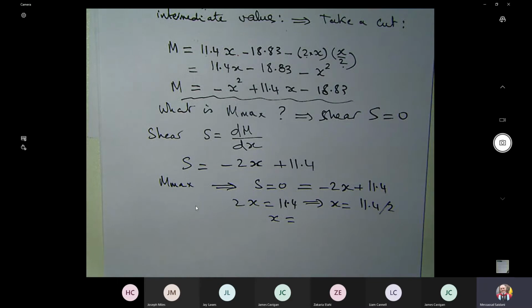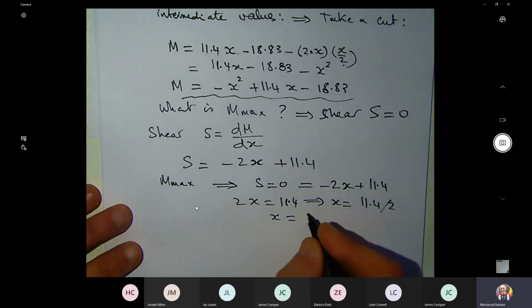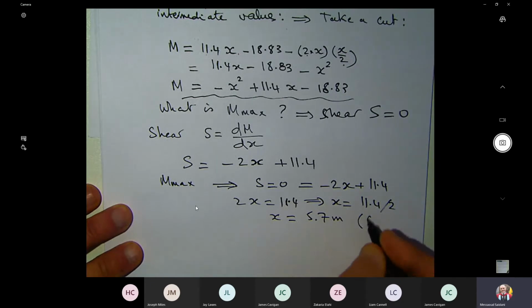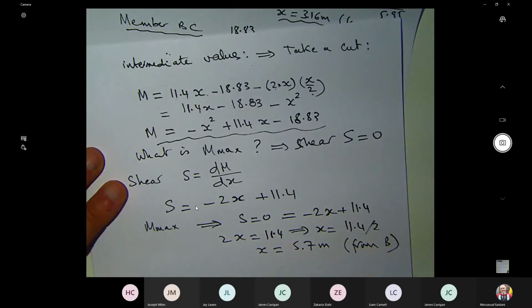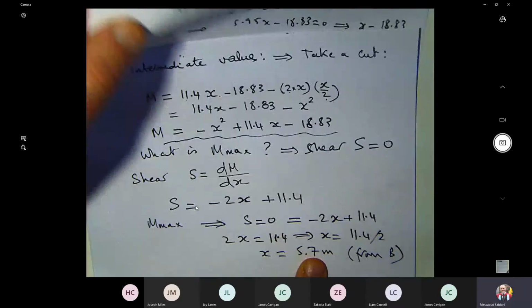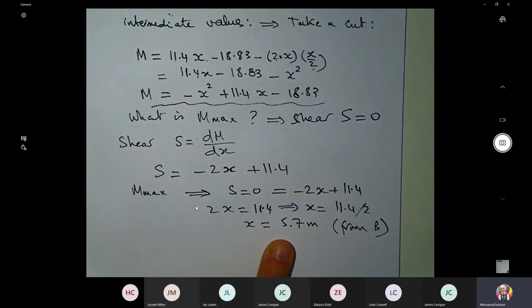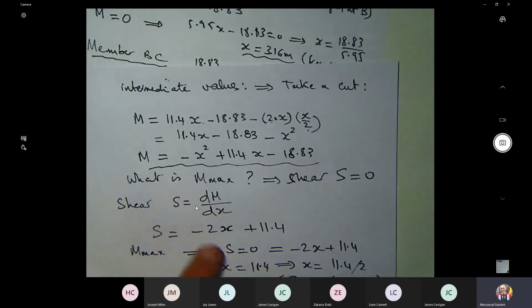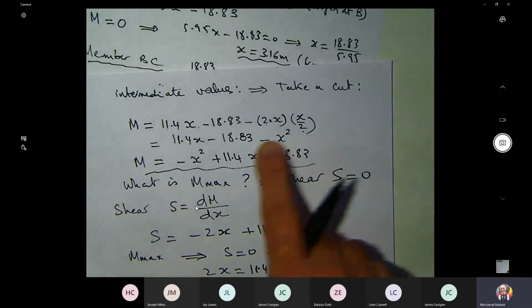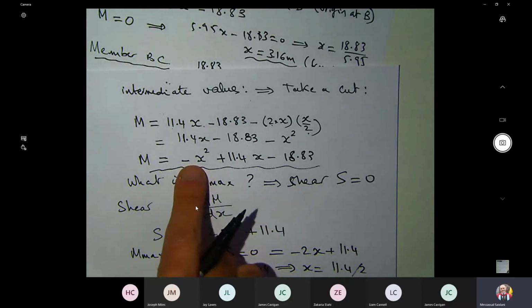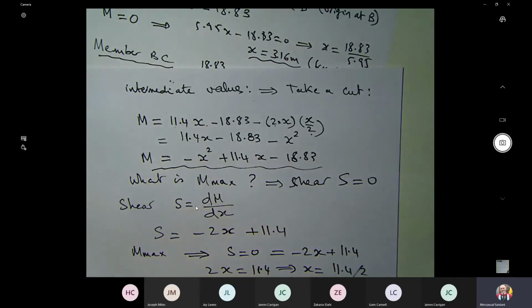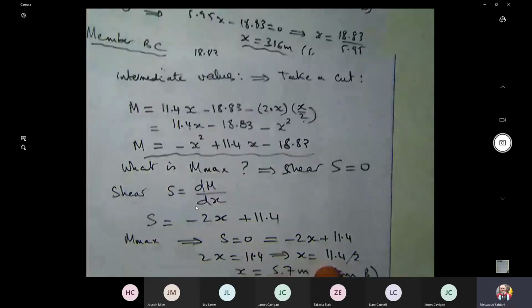Yeah. Okay, I'm just checking that. Yes, I've got the same. So we've got x equals 5.7 meters. Remember, we're taking the origin here at B, so it's from B. We've got x. We haven't got M yet. So now please, can I have your attention, please? All we need to do to get M max is back substitute x into the equation of M. So you take your value of x, substitute it into M here, and that will give you this maximum value we are looking for.